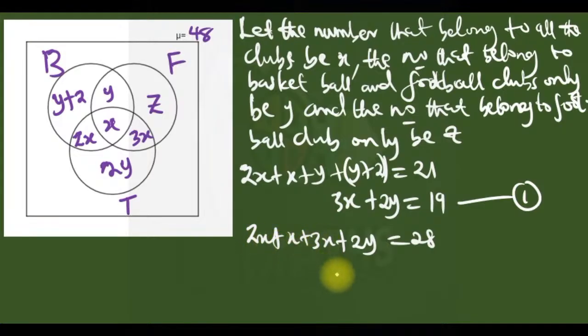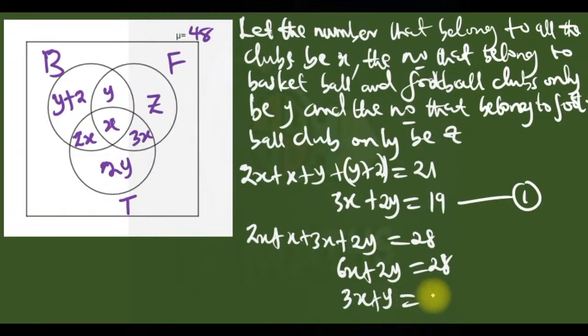We have 6x plus 2y is equal to 28. We reduce by dividing each by 2, so it's 3x plus y is equal to 14. We'll call it equation 2.